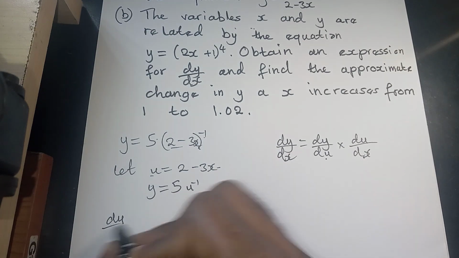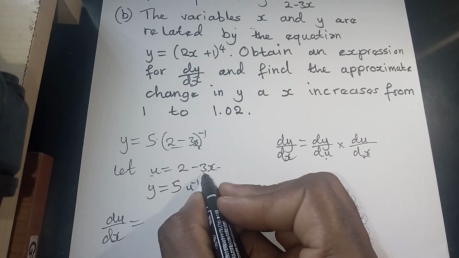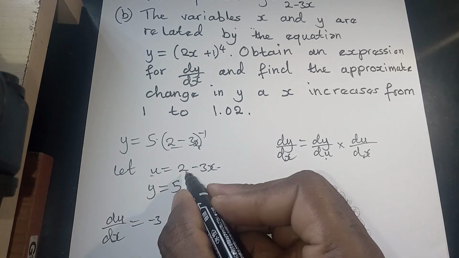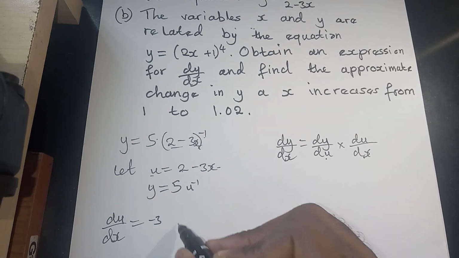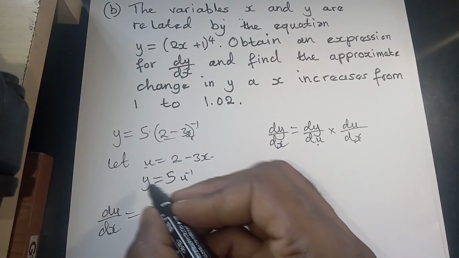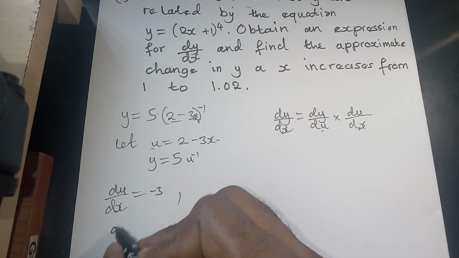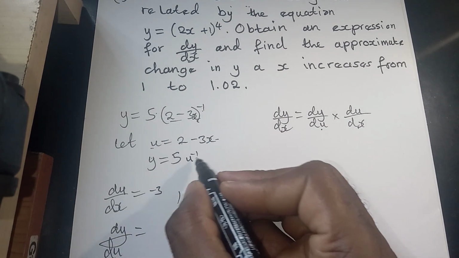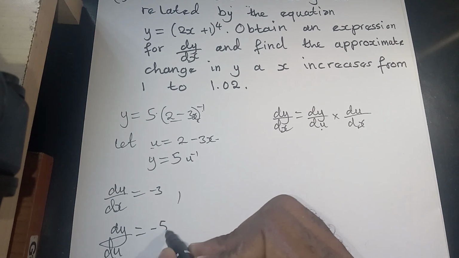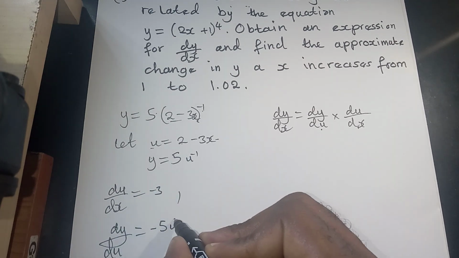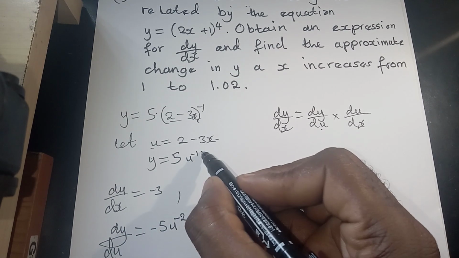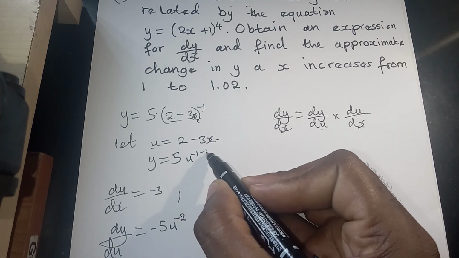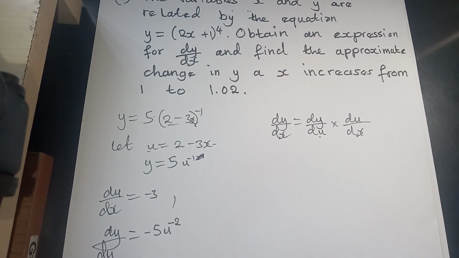Our du/dx will simply be negative 3, since this is a constant. And then our dy/du will be this times this, which is negative 5u to the power negative 2. Remember, we are subtracting a 1 from the power, so that you have this.